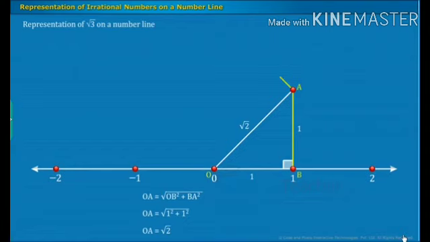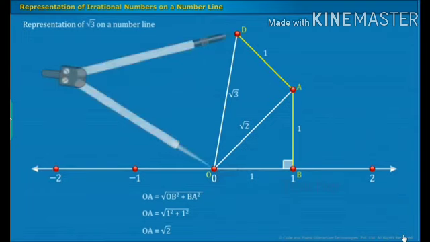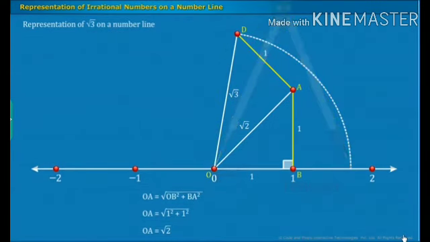Now, draw a perpendicular line to OA of unit length and mark it as D. Now, join OD. Then take OD as radius, that is length of root 3, and construct a circle such that it meets the number line and mark the intersecting point C. So, OC is also a radius of the circle, which is the representation of root 3.